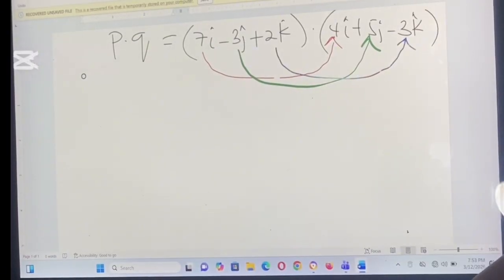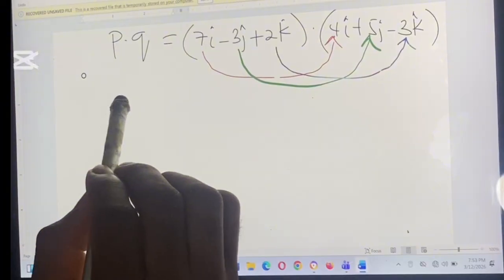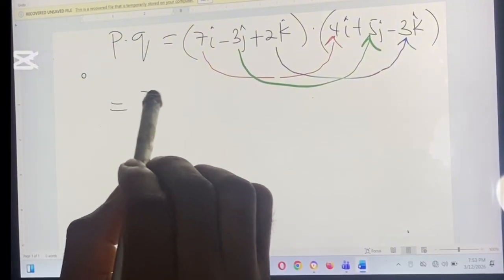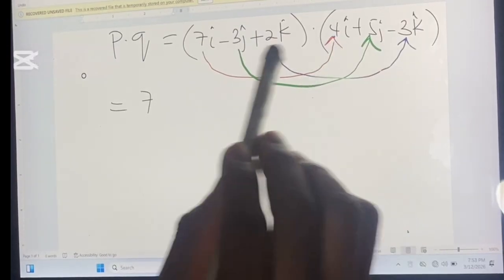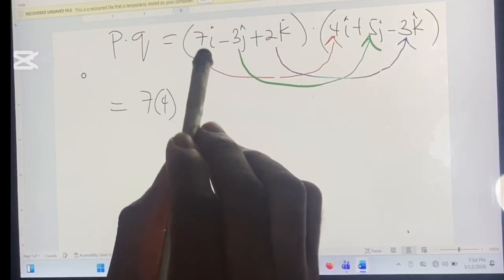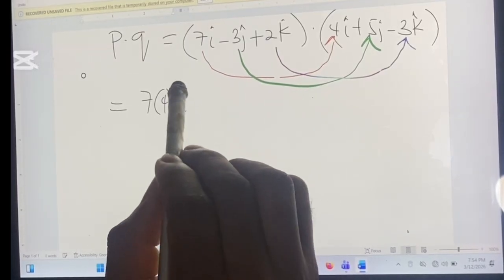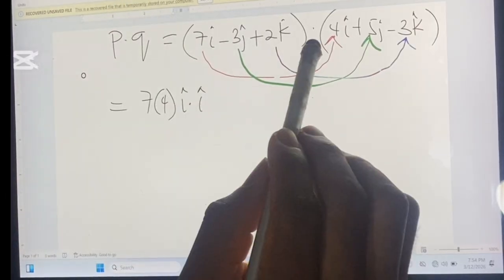So when you do that, in terms of the number, multiply the numbers. 7 is the number here, 4 is the number here. That will be 7 times 4. In terms of the vector, you say I dot I.